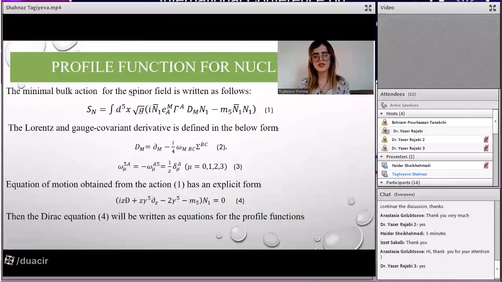And we can also see in the expression omega_M^{bc}, this is the spin connection. Another component of the spin connection is defined as a straight formula.